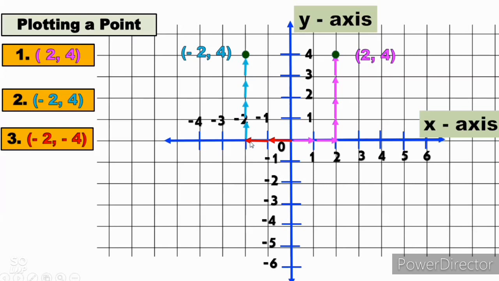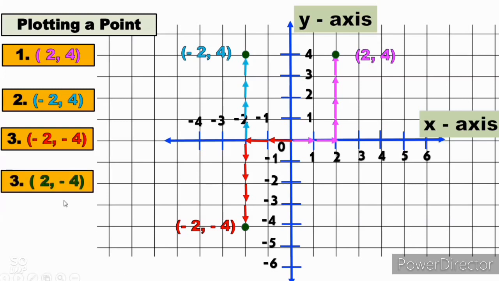And our second coordinate is negative 4, which is y-coordinate. So, since negative 4 is negative, so we count 4 units going down. Okay, so now we count 1, 2, 3, and 4. Okay, and then we have the point negative 2, negative 4.